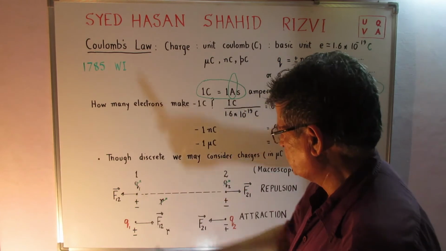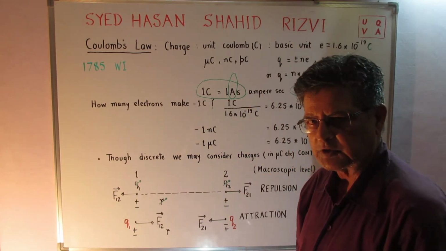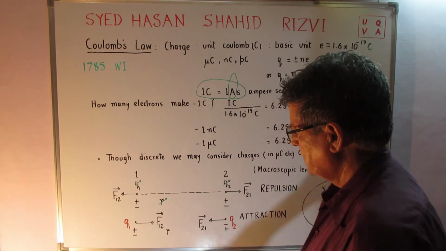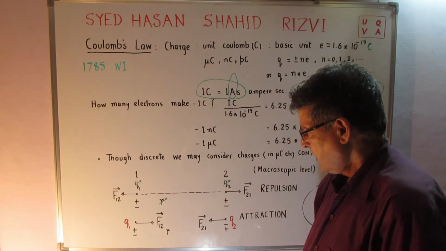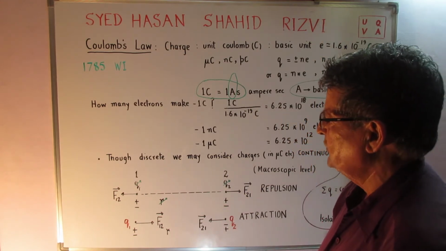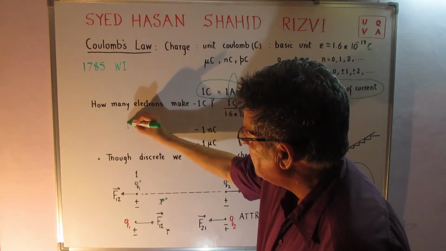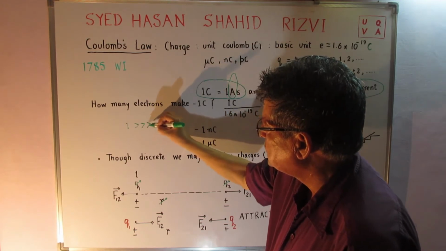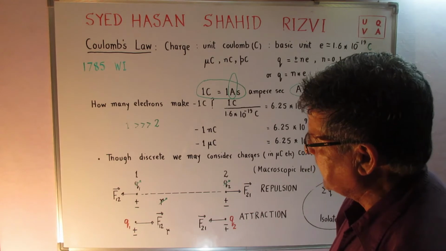If this is plus and this is plus, both of them are plus, positive charge, of whatever value, it doesn't matter. Or negative. One of the charges, maybe charge number 1 is much larger as compared to charge number 2. Doesn't matter.